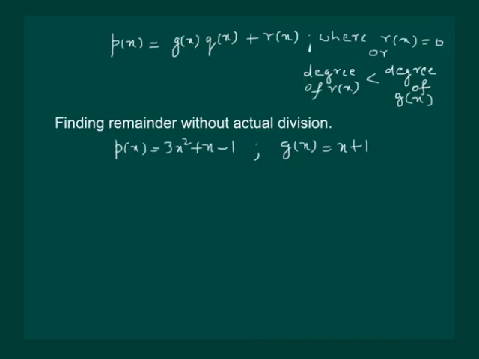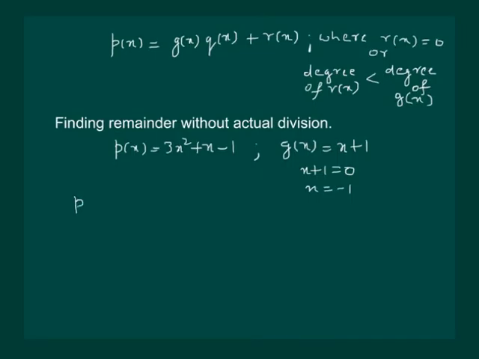Then to find r(x) without actually dividing p(x) by g(x), we equate x plus 1 equal to 0 and get x equal to minus 1. Now let us find the value of p(x) at x equal to minus 1.